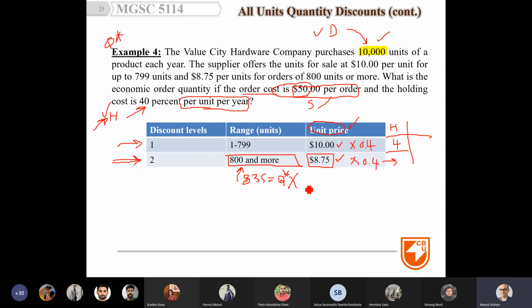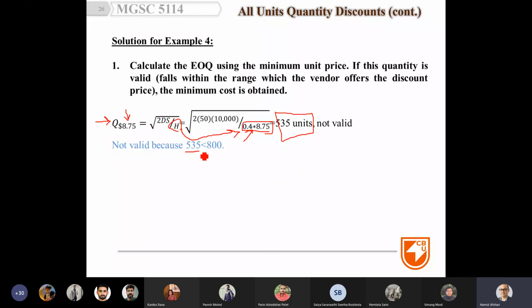I would stop here and say that 835 is the economic order quantity, the answer for the first basic question, how much to order. Finished. I don't need to go to other steps. But in our case, we found that it's not valid. That's why we should go to the second step.